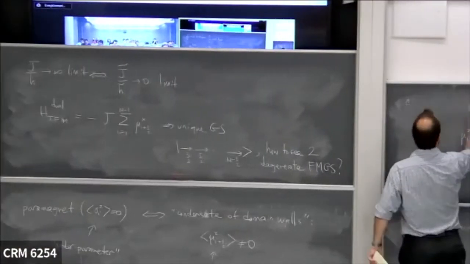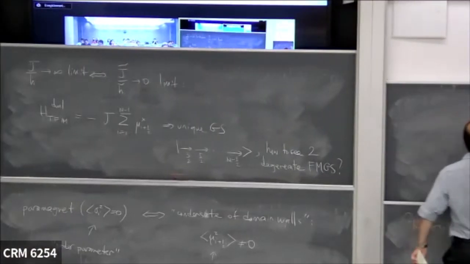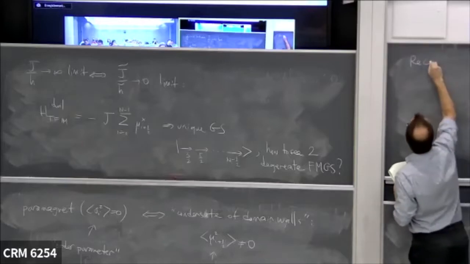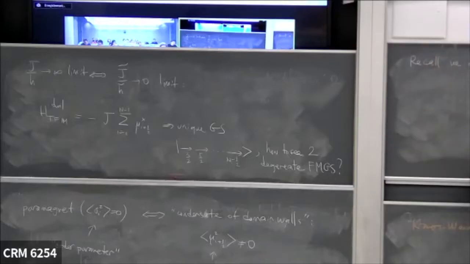So again, we can see this by accounting for all the degrees of freedom in our open boundary condition description. Recall we have defined an operator on this fake lattice site, mu n plus 1.